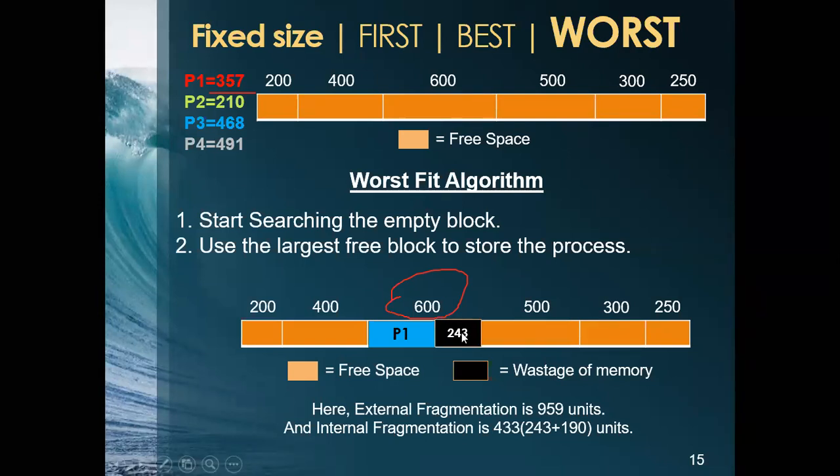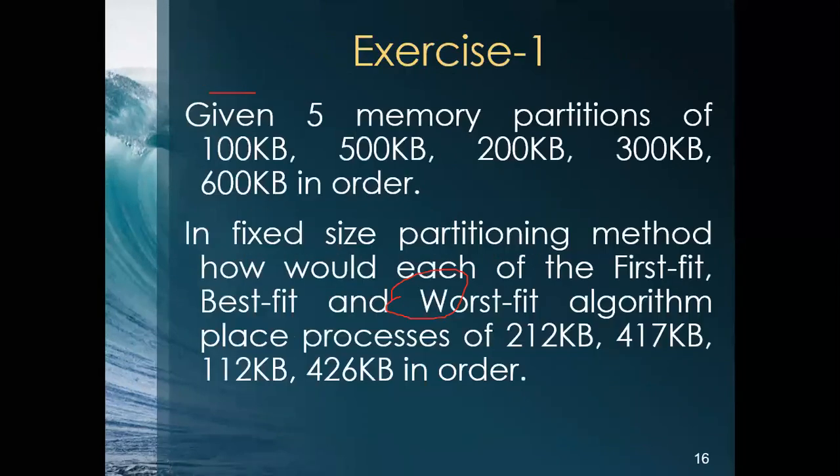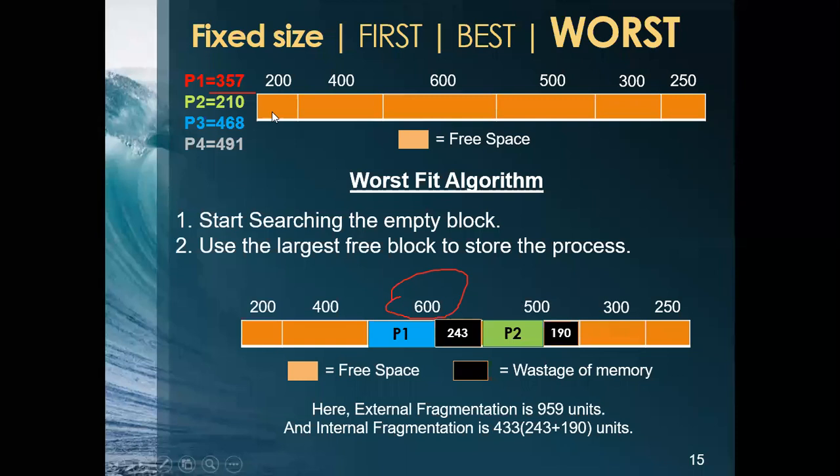That means this space is wasted. Then for 210, which one is the largest? 500. I will store 210 here. So 190 fragmentation. Then if I want to store 468, no space left. So I cannot allocate P3 and P4. So these two processes are external fragmentation. That means processes that could not be allocated memory.